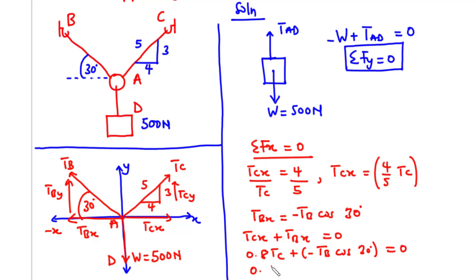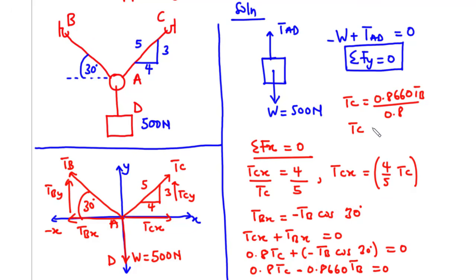Therefore, we have 0.8 TC, and cos 30 gives 0.8660, so we have negative 0.8660 TB equals 0. Now let's make TC the subject. So TC equals, we transpose this to the right hand side, so that becomes 0.8660 TB, and then we divide through by 0.8. Therefore, TC is equal to 1.0825 TB.